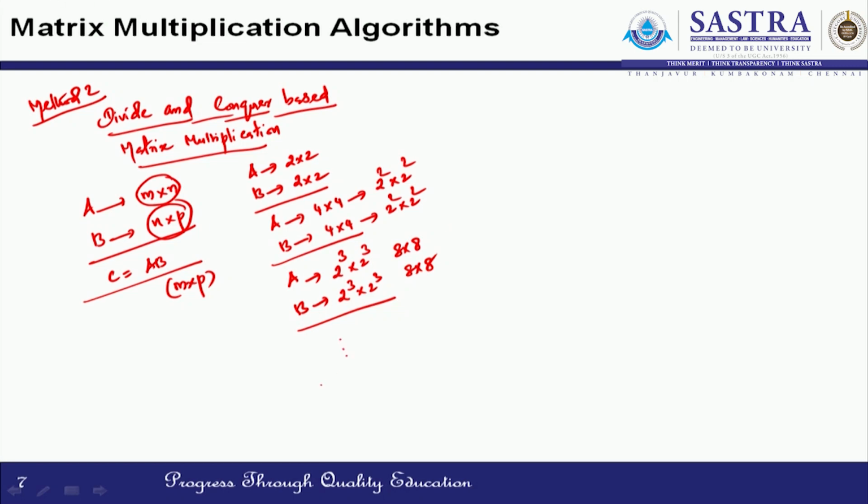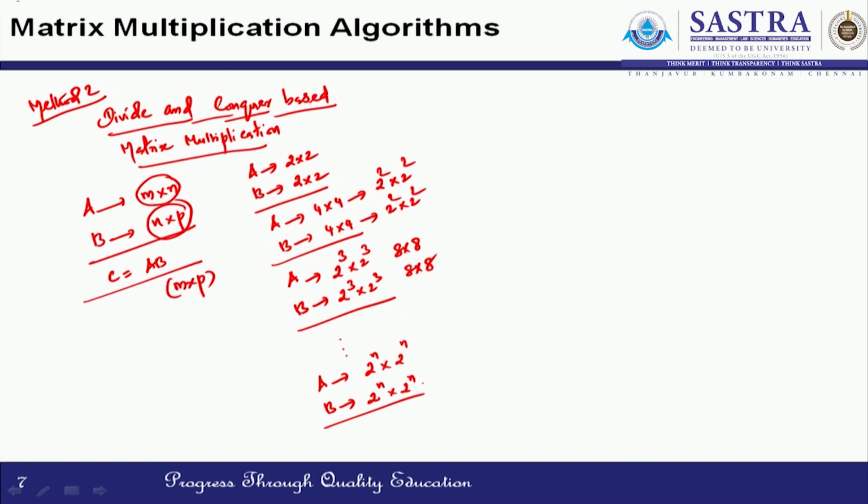Or in general, assuming that capital A and B matrices take an order of 2 power n into 2 power n.